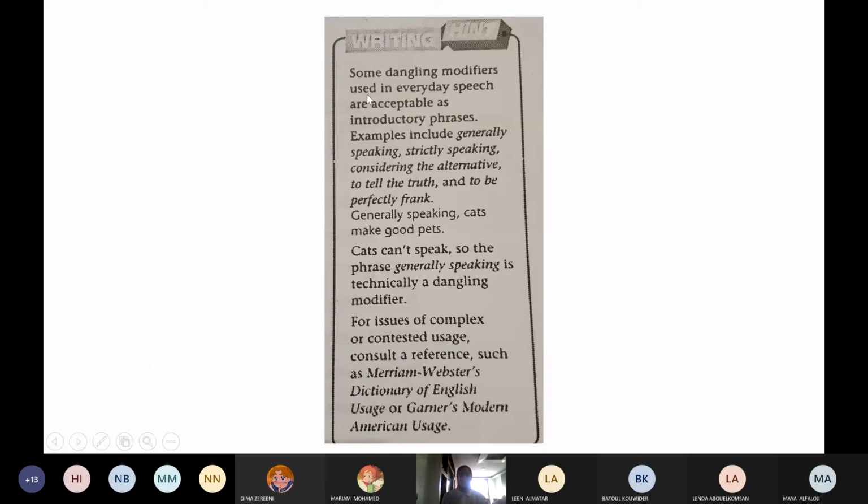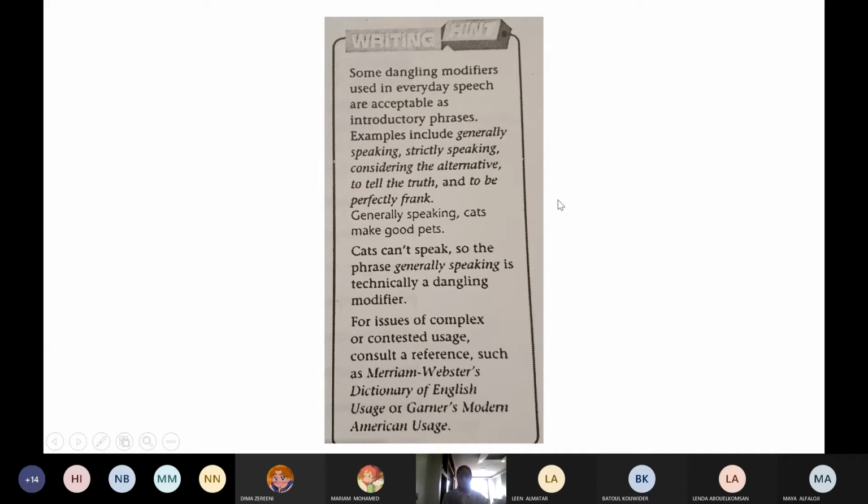Some dangling modifiers used in everyday speech are acceptable as introductory phrases, like "generally speaking," "strictly speaking," "considering the alternative," "to tell the truth." These are introductory phrases; I add a comma and continue the sentence.